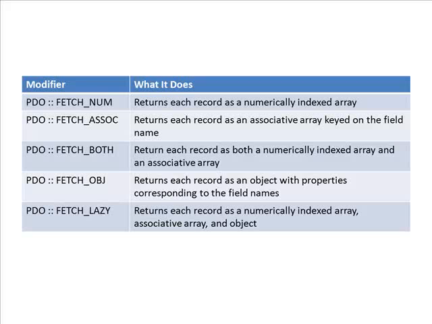PDO::FETCH_BOTH returns each record as both a numerically indexed array and an associative array. PDO::FETCH_OBJ returns each record as an object with properties corresponding to the field names. PDO::FETCH_LAZY returns each record as a numerically indexed array, associative array, and object.